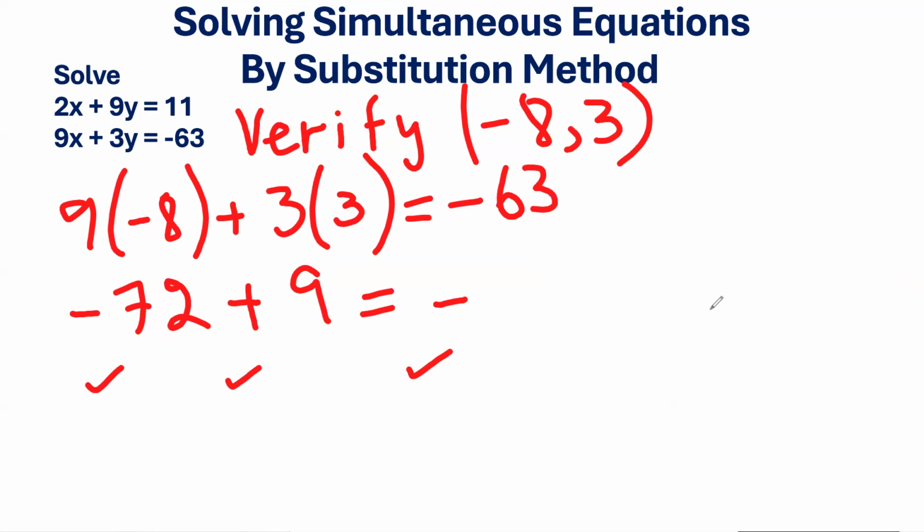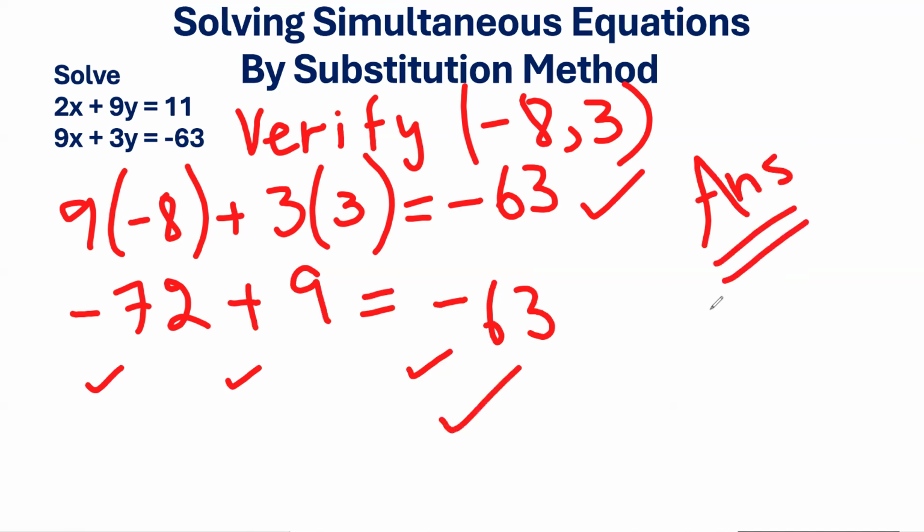You have to do subtraction. 72 minus 9 is minus 63. So you should get minus 63. Minus 63 is already there as your right-hand side, so the equation is satisfied. Minus 8, comma 3 is 100% correct answer. You have verified your answer and the equation is satisfied.